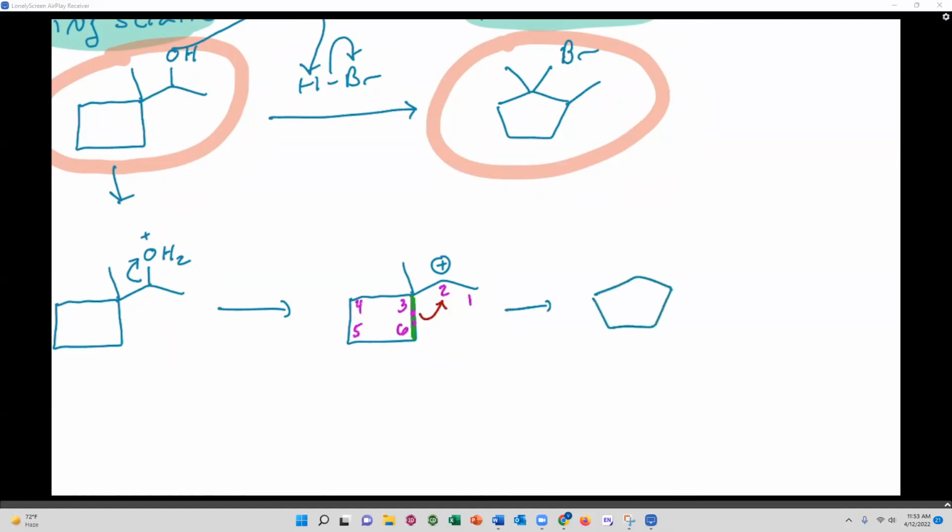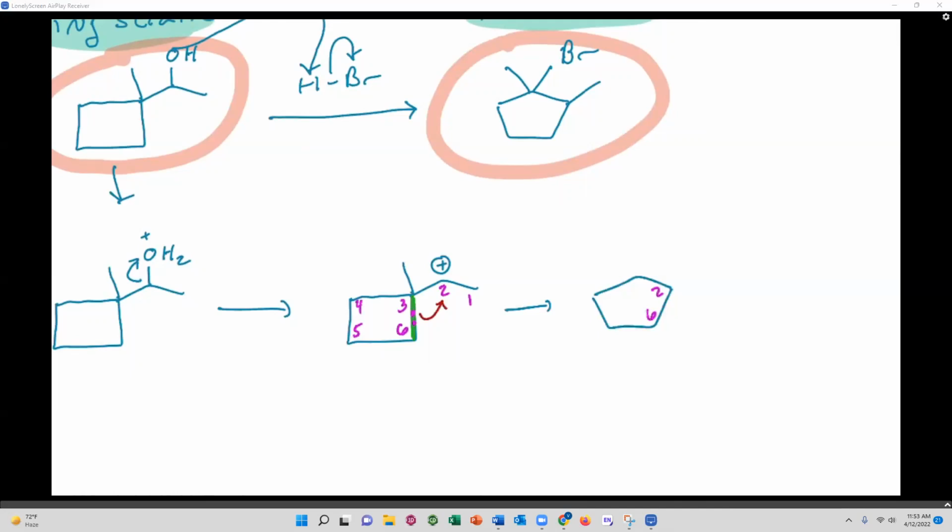I'm not going to put anything anywhere until I redraw my carbons. In other words, I renumber my carbons. And again, the reason I do this is because it's very easy to get confused. Now, I'm going to start with the bond that I just made. I just made a bond between carbon 6 and 2.